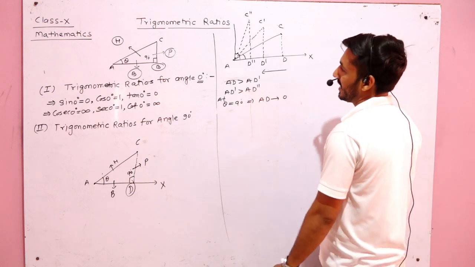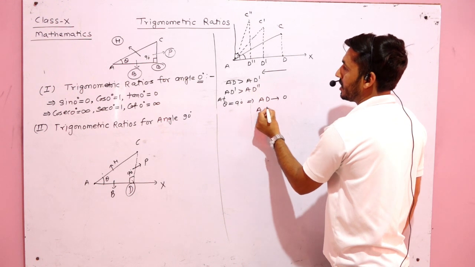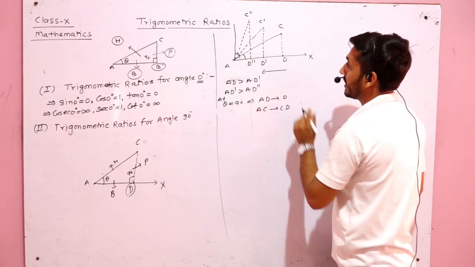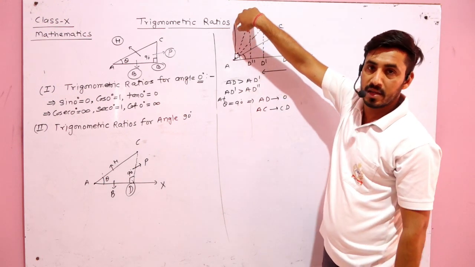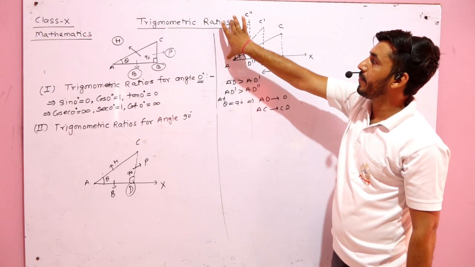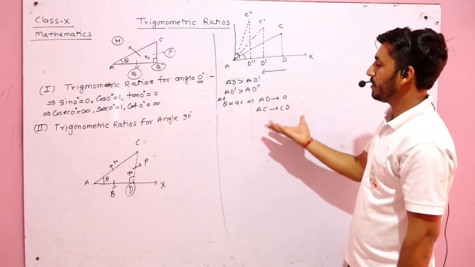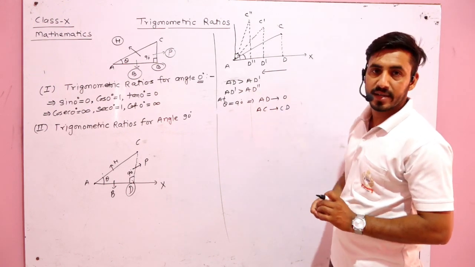Okay, and then the next condition: this point on AC, moving towards CD, means in the final situation this point is coming here. That's why this one will be the perpendicular and this one is the base. All the values we can obtain by these relations at 90 degree.